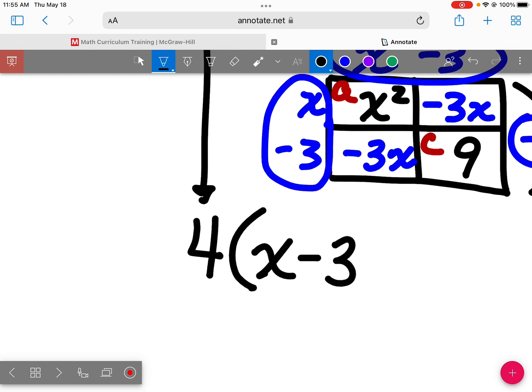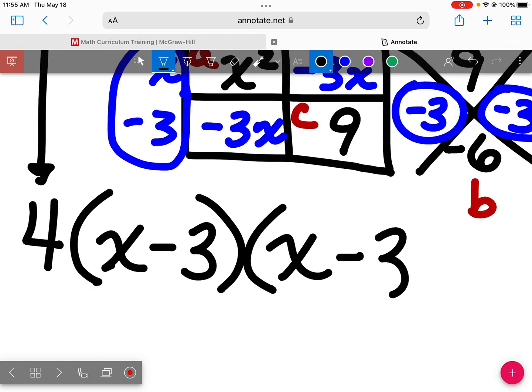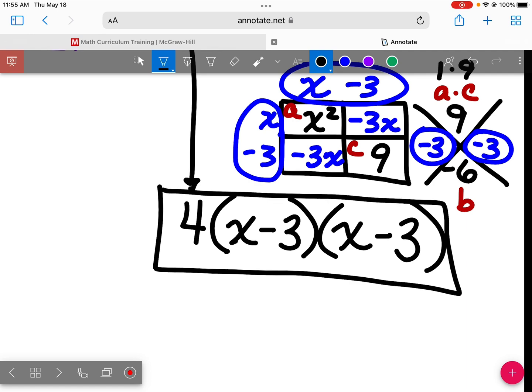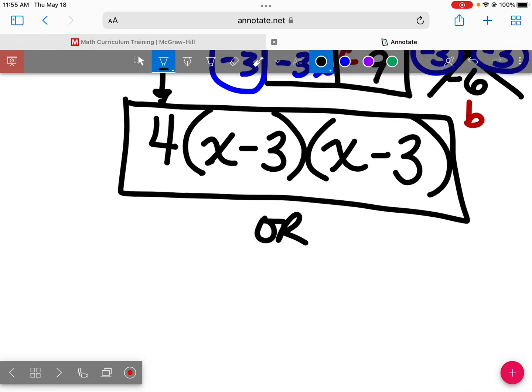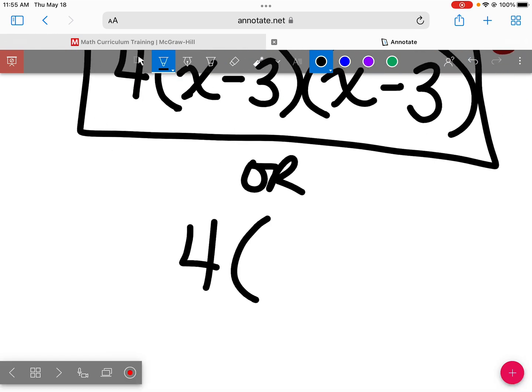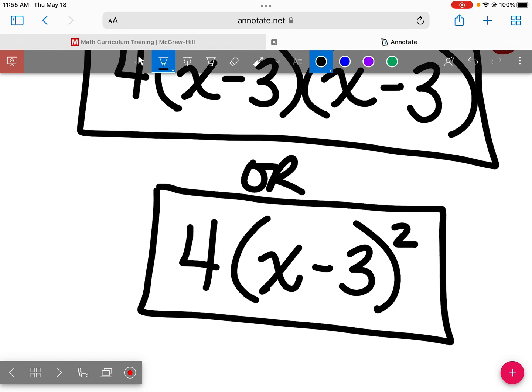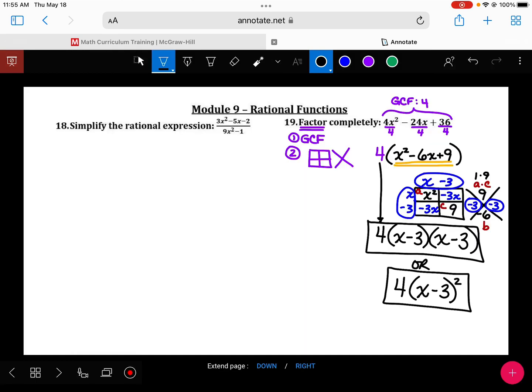X minus 3 is a factor, and the other x minus 3 is a factor. Yes, you can. Your answer can look like this, or since x minus 3 is the same as x minus 3, you could write x minus 3 squared. But you have to have the 4 out in front there. Yes. Yep.